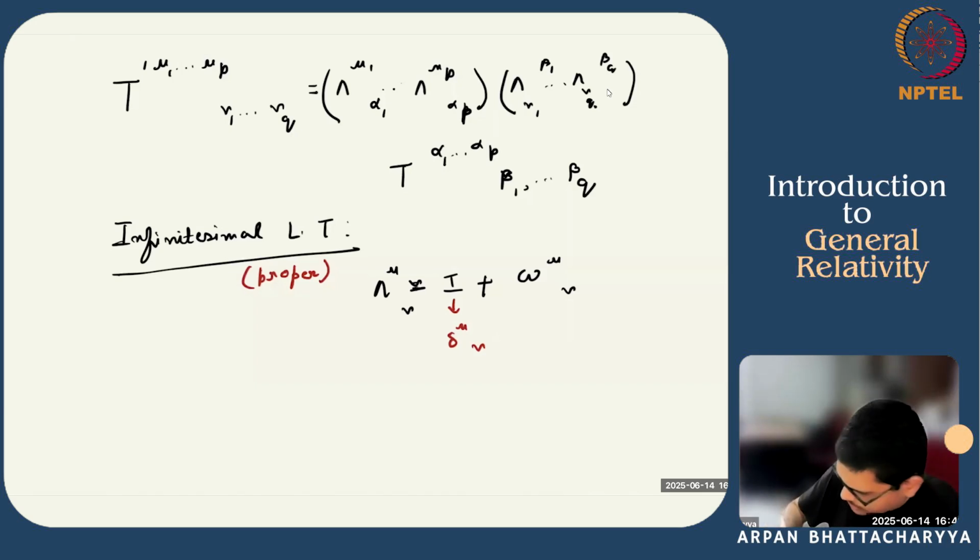So let's start with the defining relation of this Lorentz transformation, which in the component form takes the following: eta mu nu lambda mu rho lambda nu sigma equals eta rho sigma.